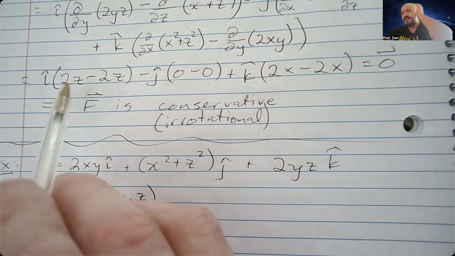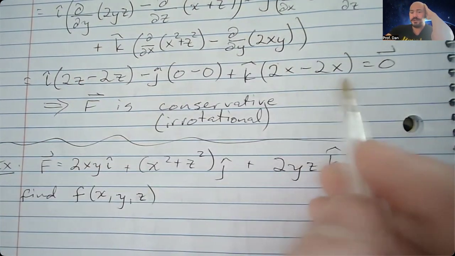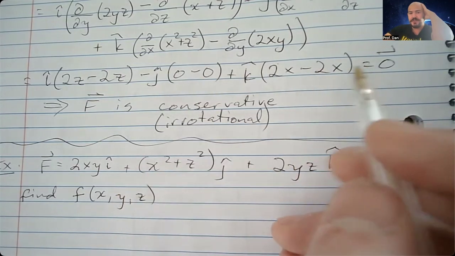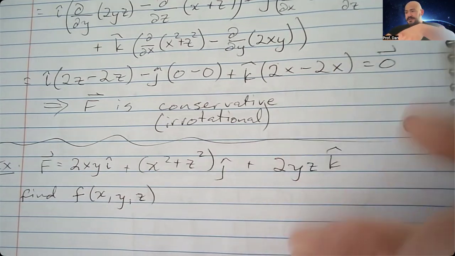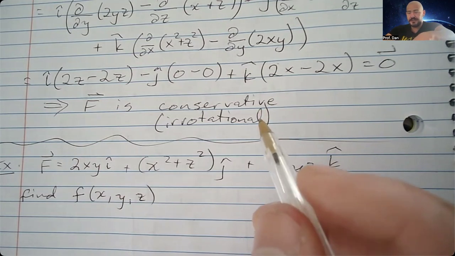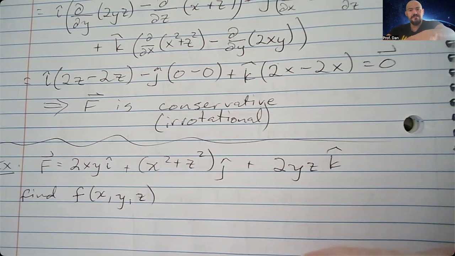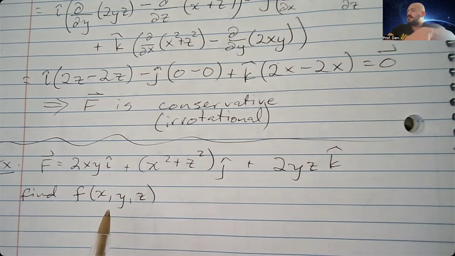Like you see, these two second partial derivatives were each 2z. These two were each 2x. These two were each 0. So because of that equality amongst the mixed second partial derivatives, f turned out to be a conservative vector field, right? In the same way that in 2 dimensions, we only had 2 different mixed partials we could have, right? f_xy and f_yx.